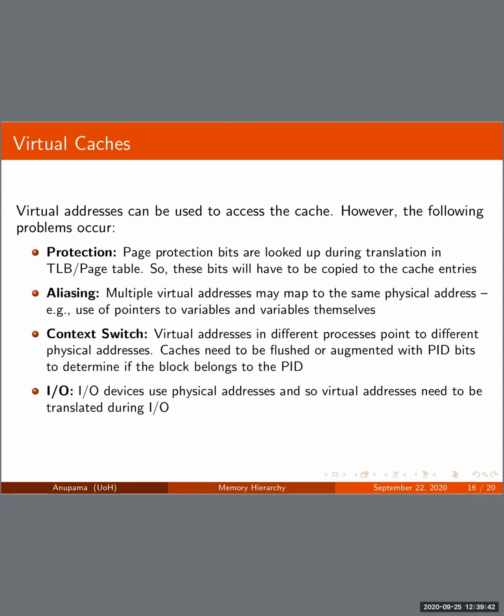Therefore, only one entry will be in the cache. When you update that entry, it's reflected for the other virtual address also. But if you are using virtual caches, the two virtual addresses will be in two different locations in the cache and therefore may have mismatched values. Okay. Any questions on that?